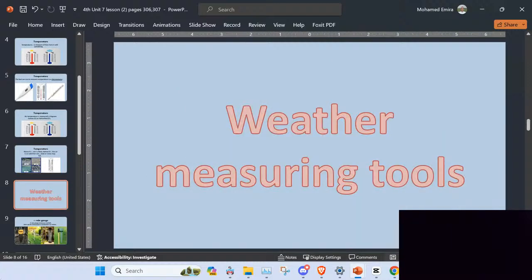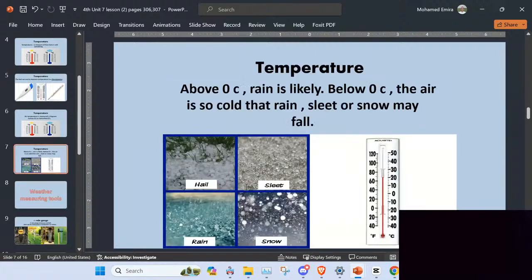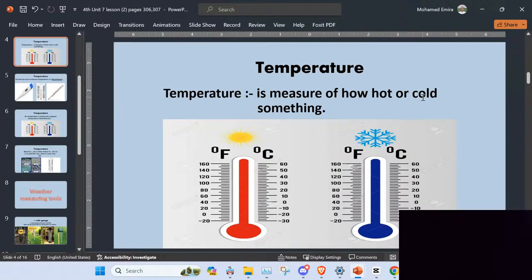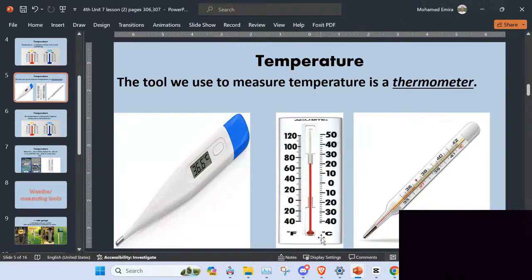So let's focus more and more on the weather instruments, or weather measuring tools. We already took one, we already know it, the thermometer. The thermometer is used to measure the temperature, and it uses two scales, degree Fahrenheit and degree Celsius.